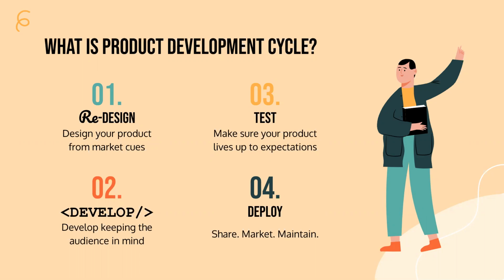Maintaining your code base is probably the most important part of this whole cycle, because if you don't maintain a product, it tends to die. Let's say if Facebook never added another feature, it would have never left the dorms.